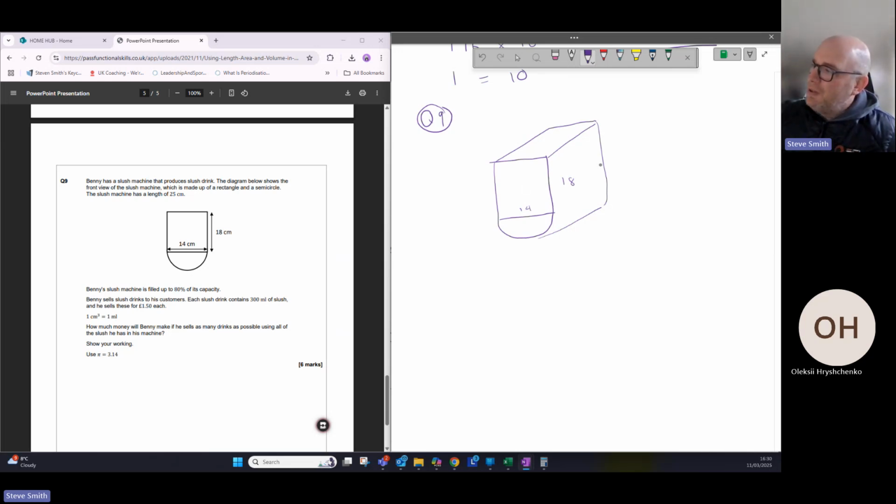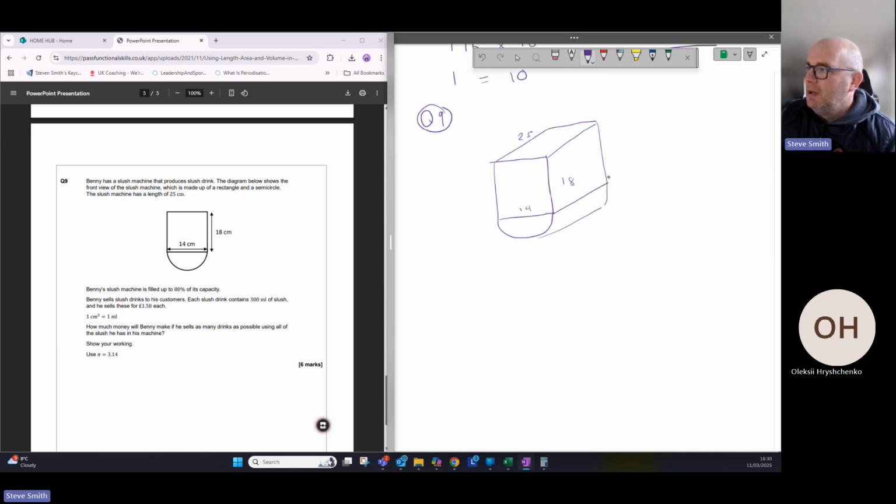So we're saying that's 25. This is where it becomes a complicated question, I think, because they've given us all the information we need. However, to understand whether it's a cuboid and then half a cylinder, it doesn't say that. It's not very clear. So we're going to work out the cuboid first.